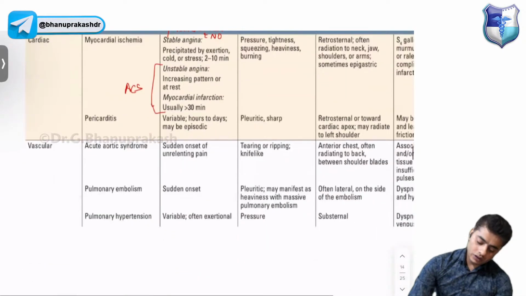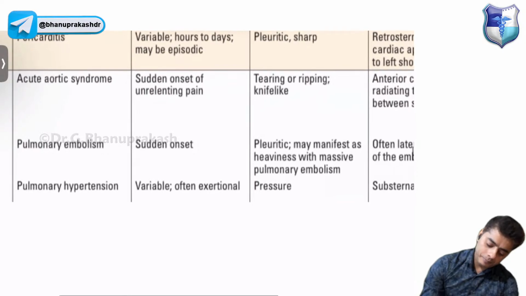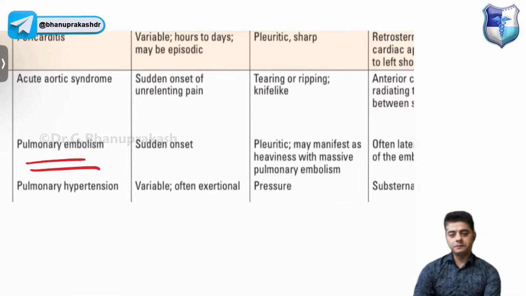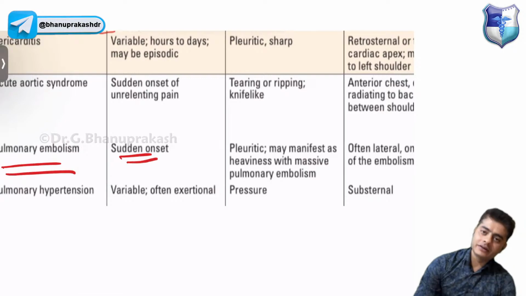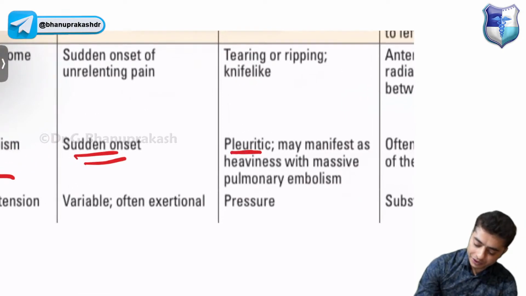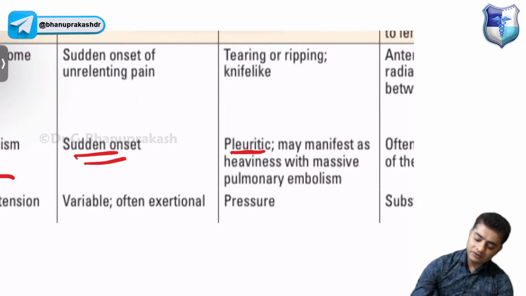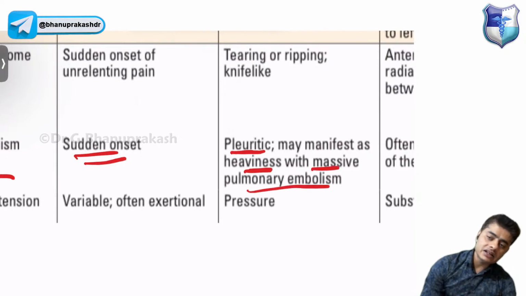Now we will come to the other vascular cause, that is pulmonary embolism. It also has a sudden kind of onset. As it relates to the respiratory system, it is a pleuritic type of pain, which may manifest with heaviness if there is a massive pulmonary embolism. Why heaviness?